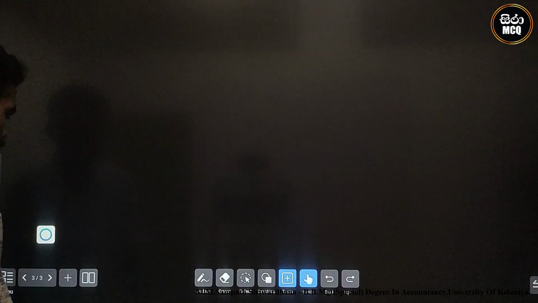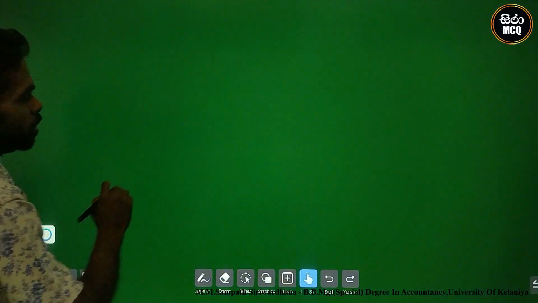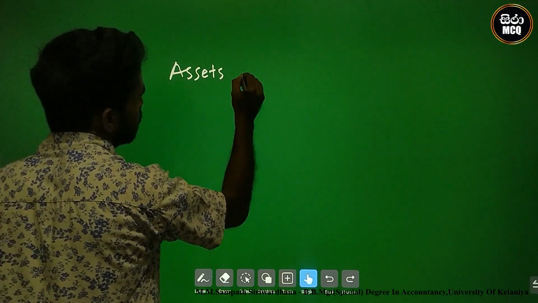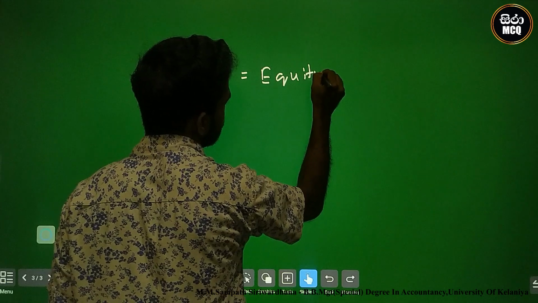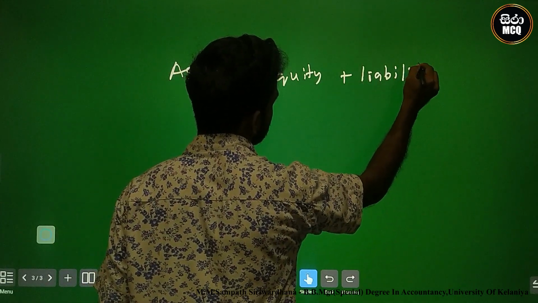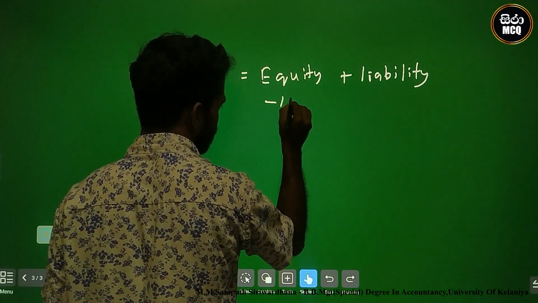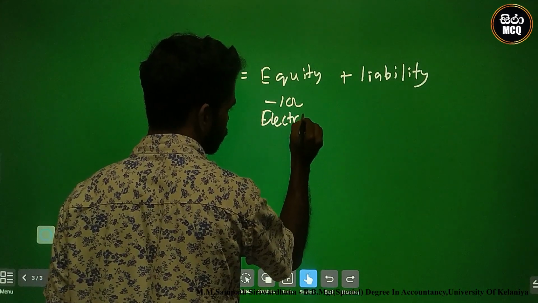Look here, assets equal equity plus liability, no? Definitely, say 100 electricity expense.